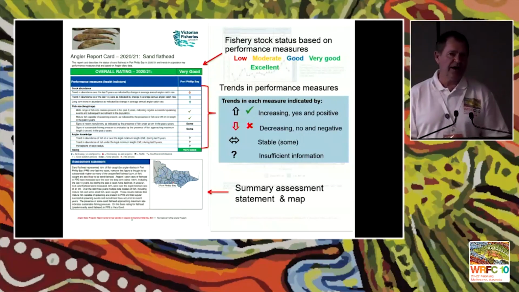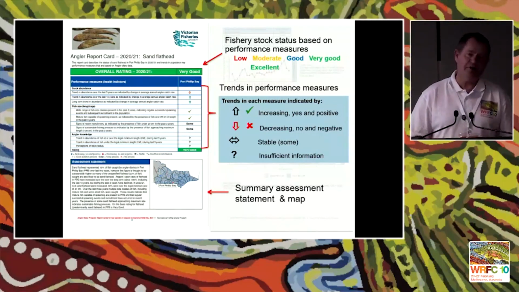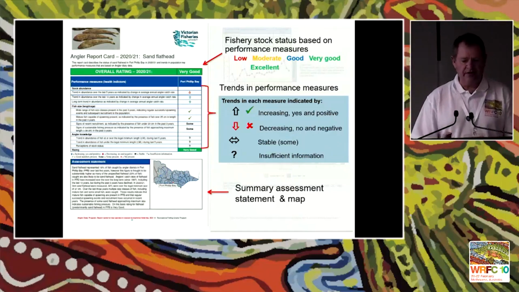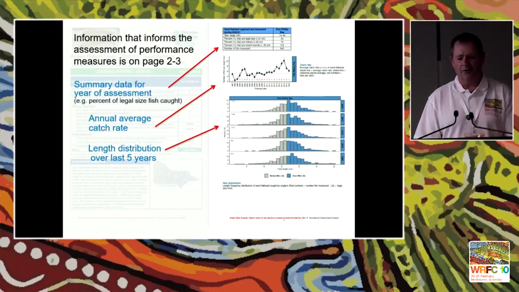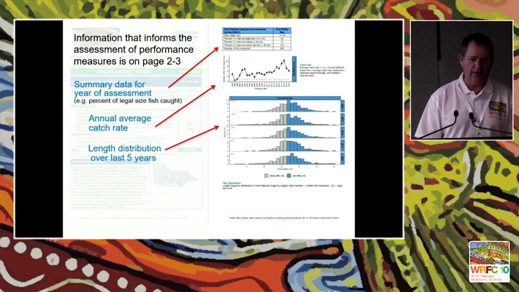If we thought we had insufficient information, then we just put a question mark in there. So again, just trying to keep it very simple. Again, on the next page after that, we summarise the information, giving a little bit more detail if the anglers wanted to dwell into it a little bit more. Trends in catch per unit effort, size structure across the last 5 years, and just information about what we caught in the last 12 months.